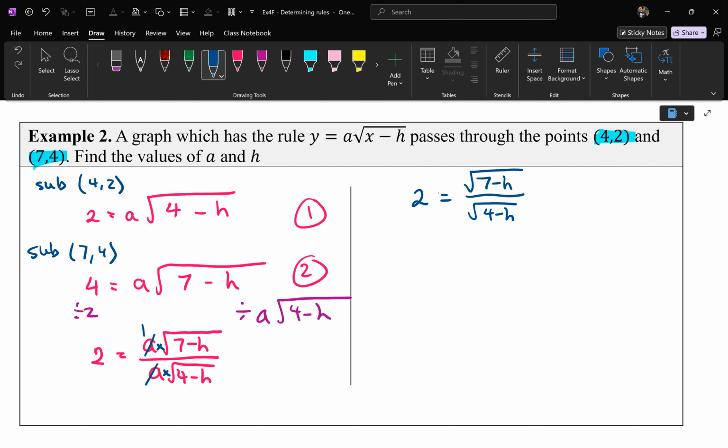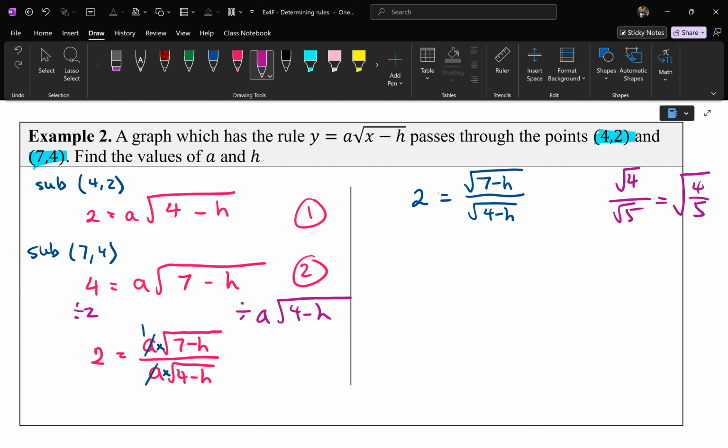Yeah, there are 2 ways to do this. If you don't like the fraction, and I've always taught you, if you don't like fractions, get rid of it. Multiply both sides by the root of 4 minus h. Nothing wrong with that. For me, what I would have done is, I don't like surds. I hate square roots. I get rid of them as soon as I see them. One of the rules that we know is that root 4 divided by root 5 is the same thing as writing the square root of 4 over 5.